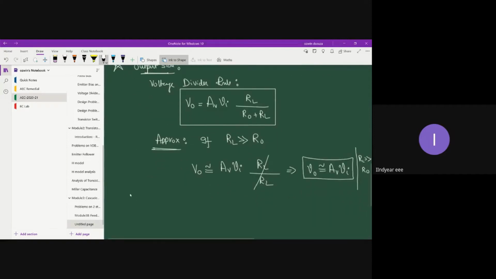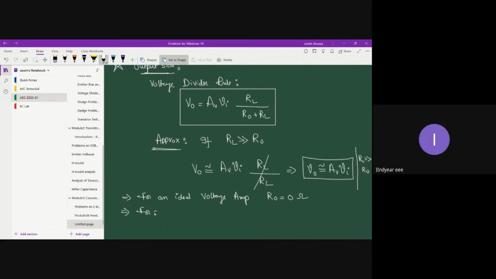So in other words, what you can say is that for an ideal voltage amplifier, R naught should be 0 ohm. Correct? R naught should be 0 ohm, but which is not possible.